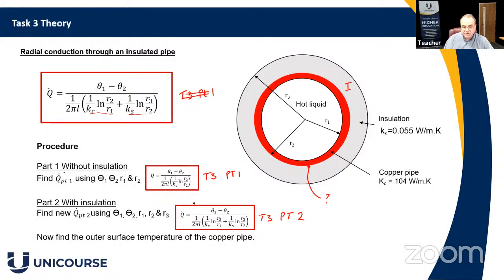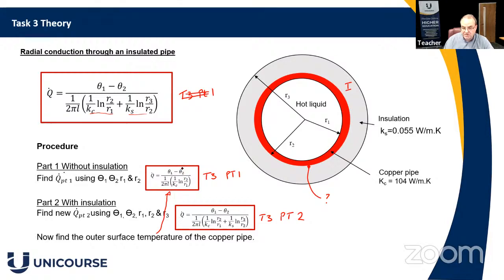The last bit was to find the outer surface temperature of the copper. Again, you would simply use the first equation. You'd use this equation in there to find the surface temperature of the interface, theta 2.